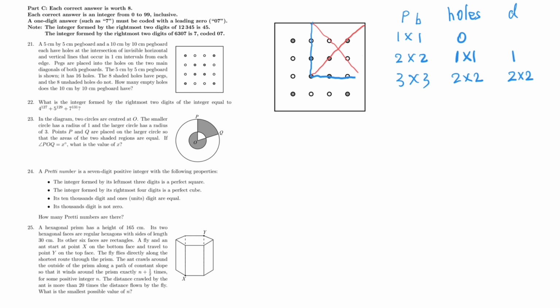We go to the 4 by 4. The 4 by 4 pegboard is like this. So for the 4 by 4, how many holes? Holes, that's 3 times 3, that's 9. And how many on the diagonal?